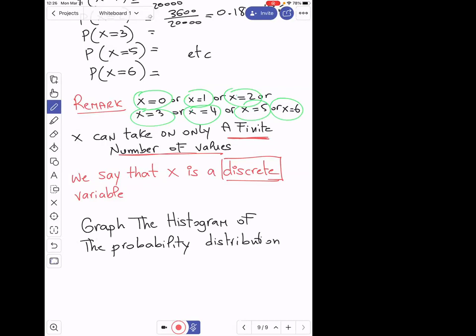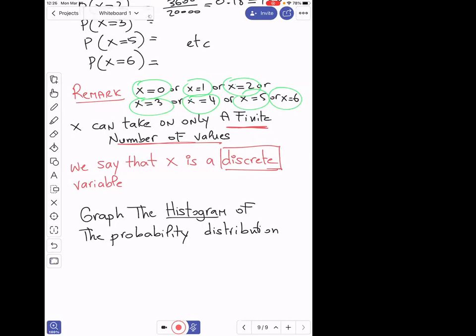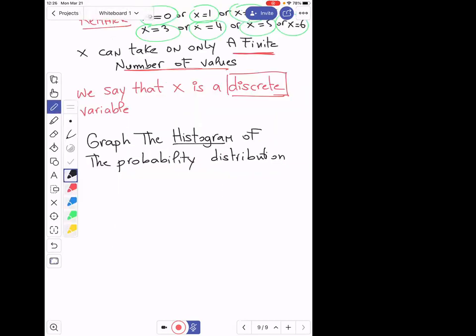So for the histogram, we have the horizontal axis, which will be the variable x. Our x can be 0, 1, 2, 3, 4, 5, and 6, right?